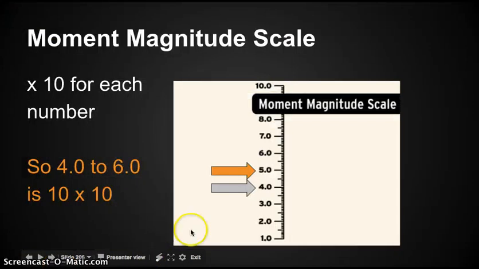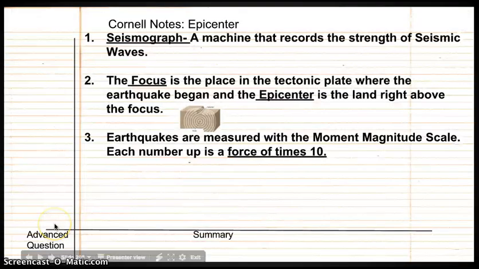So if you have a 4.0 and then you compare it to a 5.0, it's 10 times stronger, or vice versa. A 3.0 is 10 times weaker than a 4.0. And like I said, from 8.0 and above, those are really rare. But 2.0, 3.0, those are much more common. And the magnitude scale measures them in forces of 10. The other scales use different numbers. All right, go ahead and write that down.